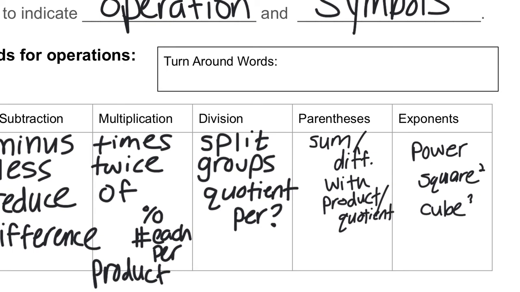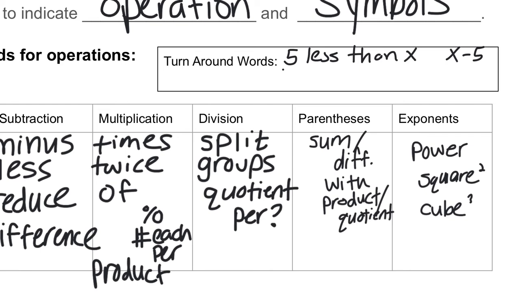And then I have a box here that says turnaround words. There are two things that you see sometimes that indicate you have to reverse what is actually written. The word less than and the word subtracted from. So if you had something like 5 less than x, you really write that as x minus 5. Less than is what we call a turnaround word, so it makes us have to flip it.